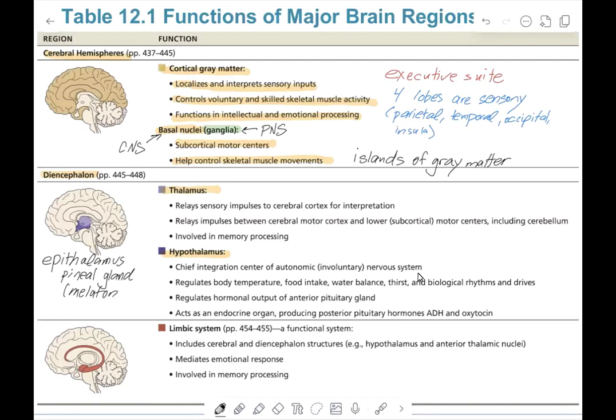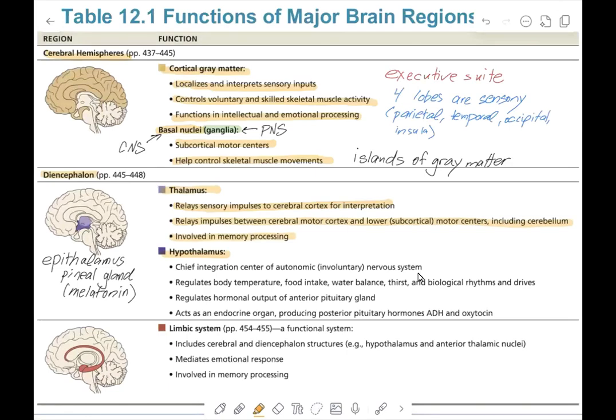So let's look at the thalamus first. It's the relay center. So it relays sensory information to the cerebral cortex for interpretation, relays those impulses between the cerebromotor cortex and the lower subcortical motor centers. And it's involved in memory processing.